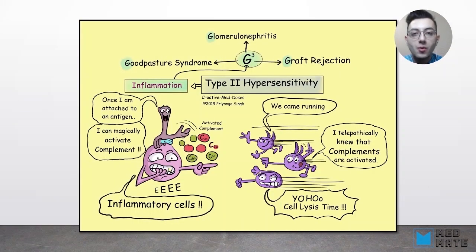I say G3 because Goodpasture starts with G, glomerulonephritis can result from rheumatic fever or post-streptococcal infection, and also graft rejection due to transplantation. Type 2 hypersensitivity leads to inflammation and activation of the complement system, which gets activated and starts lysing the cells.